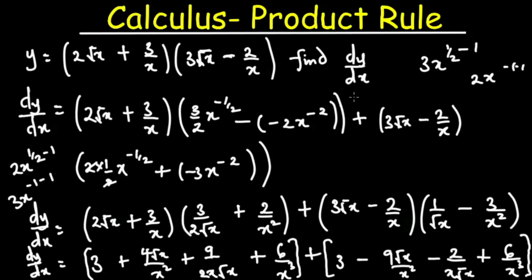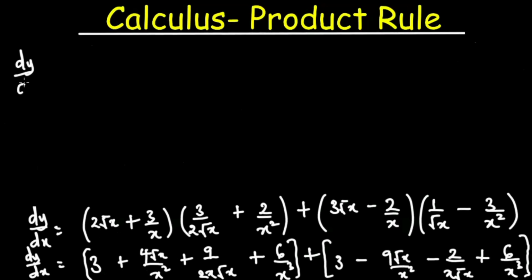I'm going to clear out this upper part. dy/dx will be equal to 3 plus 3. 3 plus 3 is 6. Then we have 4 root x over x squared minus 9 root x over x squared. It's like saying 4a minus 9a. So that will be minus 5 root x over x squared.